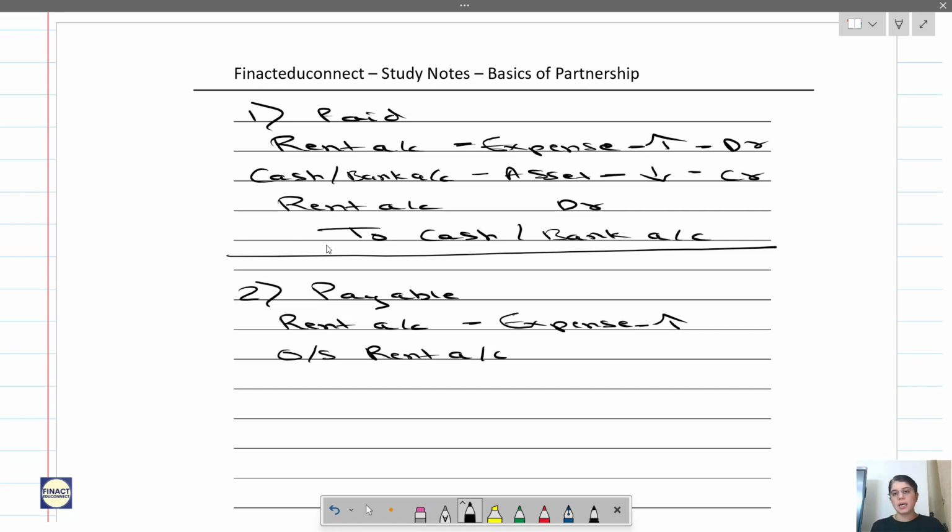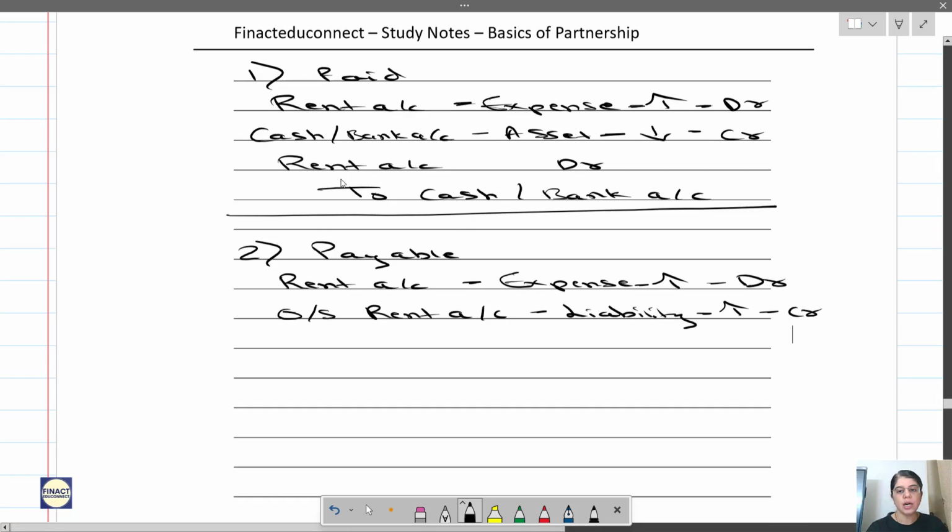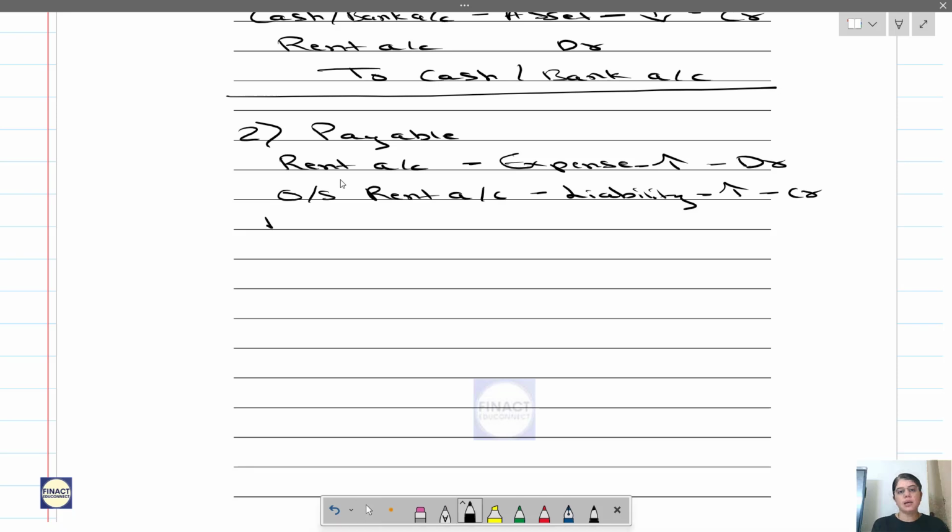The balance in the rent account is increasing, that expense is increasing, so we have to debit. Outstanding is a liability account, so the balance in the liability account is also increasing, so we have to credit. So your journal entry will be rent account debit to outstanding rent account. Normal outstanding rent account entry, whatever we used to pass in 11th standard.